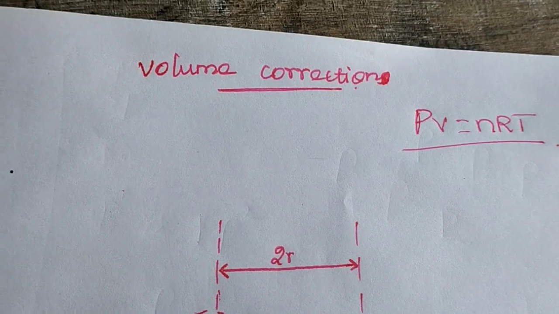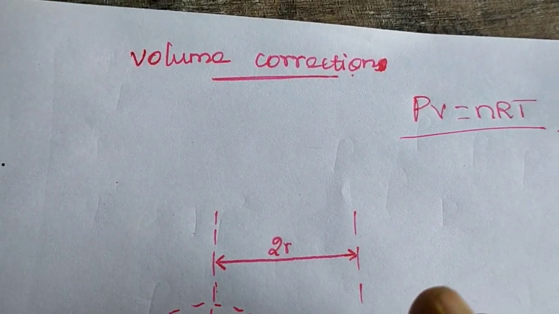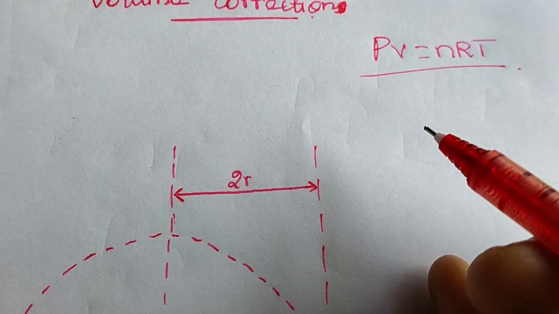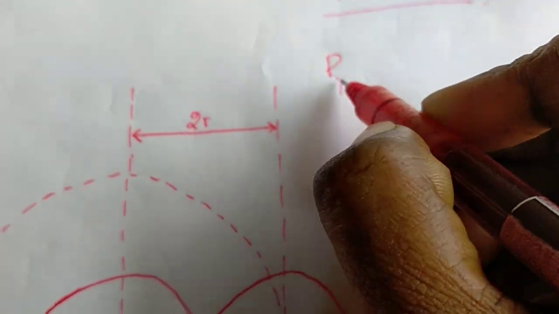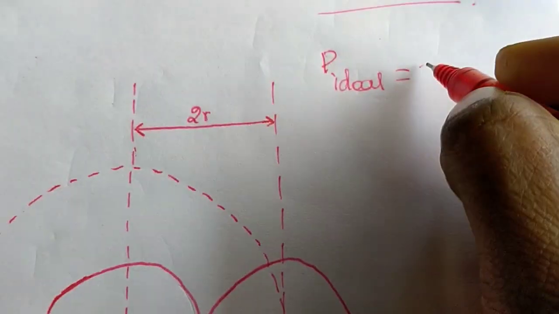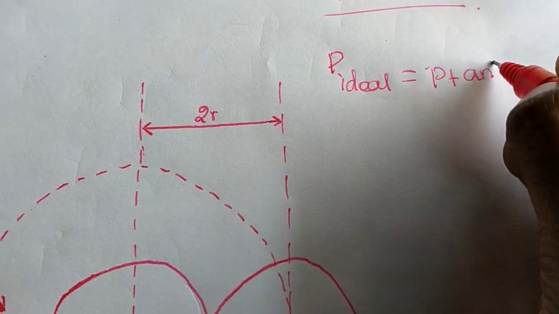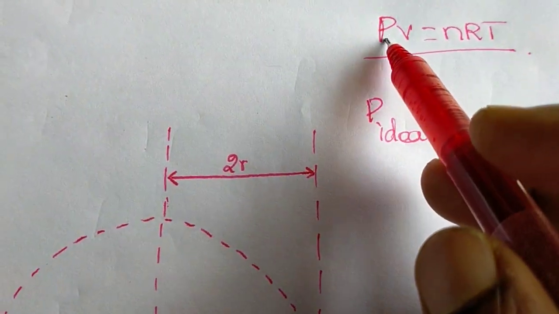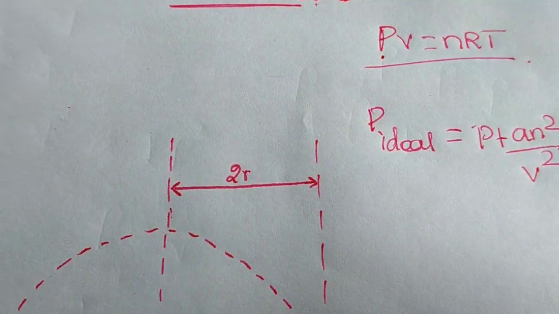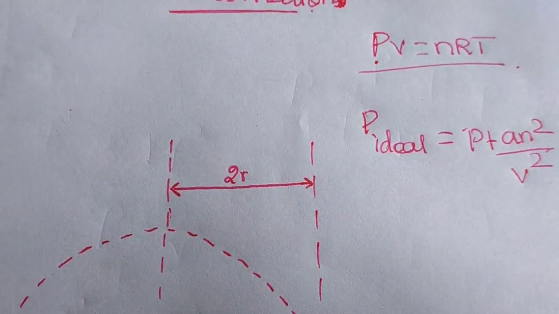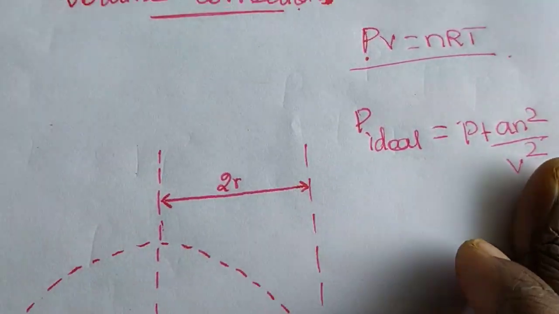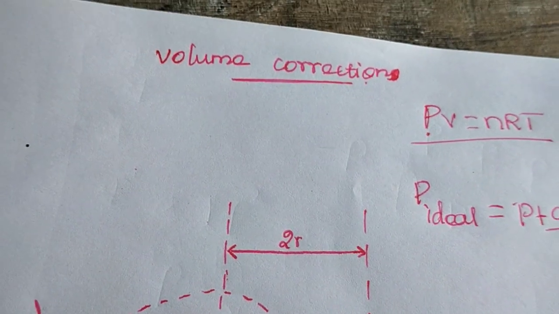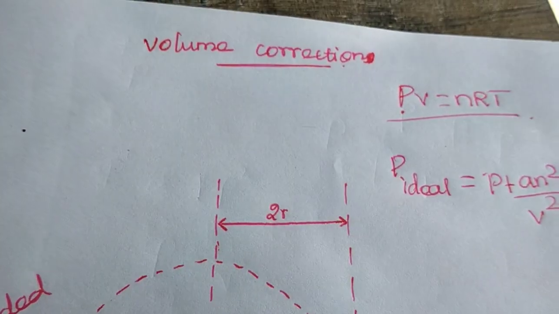So in the pressure correction, P ideal equals P plus an squared divided by V squared. We have to substitute this in the place of P in the ideal gas equation.